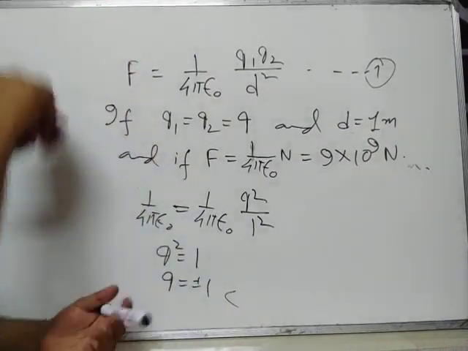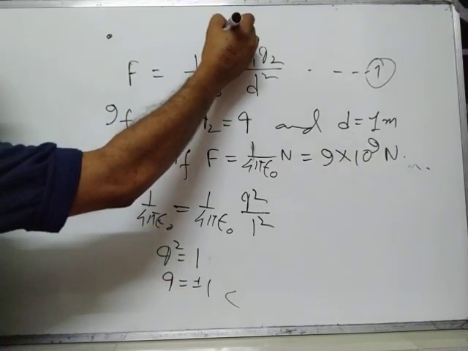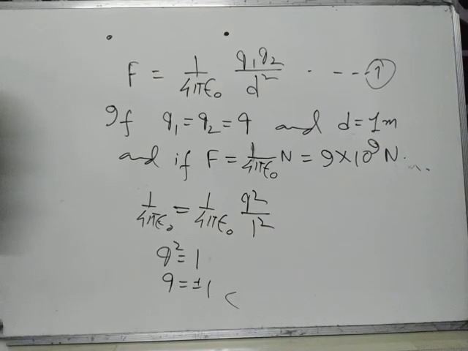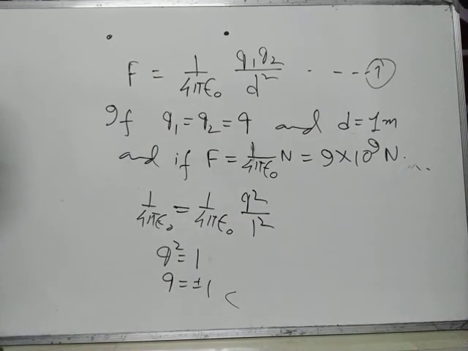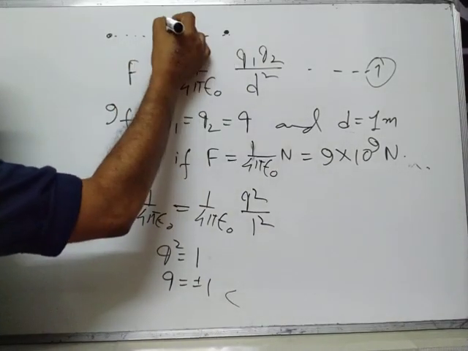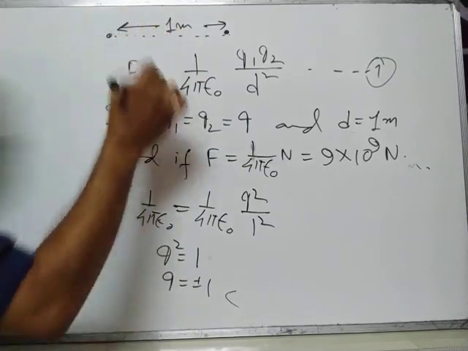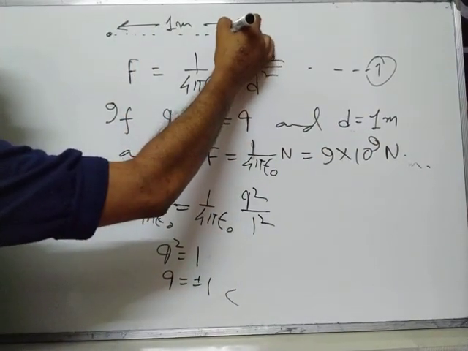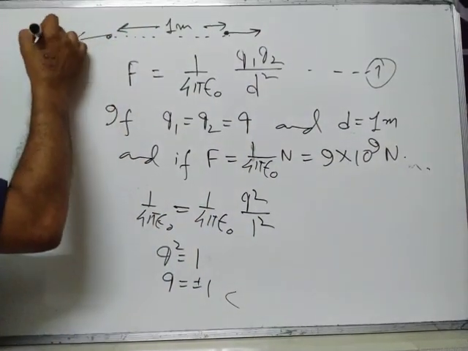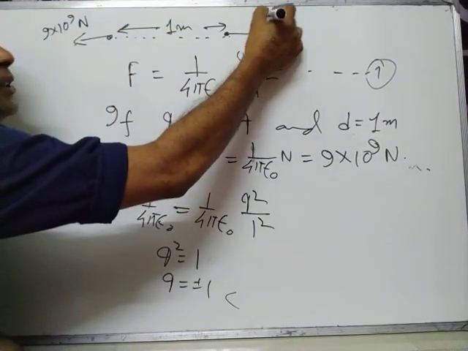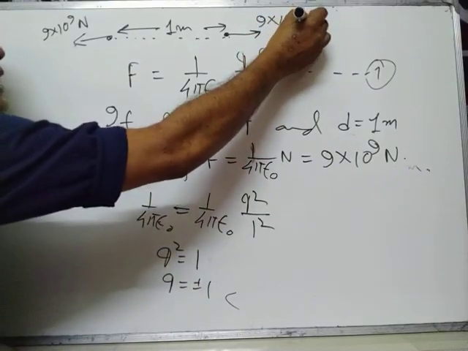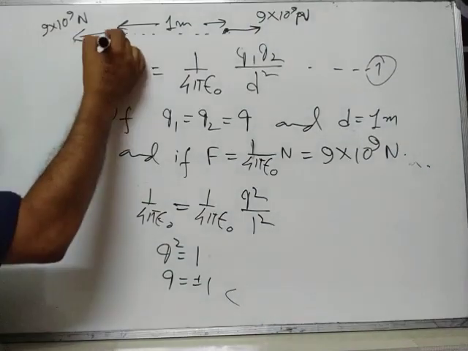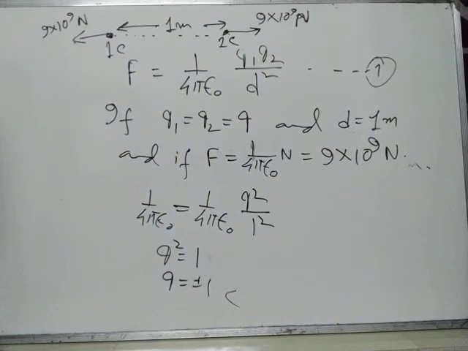If two point charges of the same amount and opposite type situated 1 meter apart put 9 into 10 to the power 9 Newton force on each other, then each point charge is called 1 Coulomb charge.